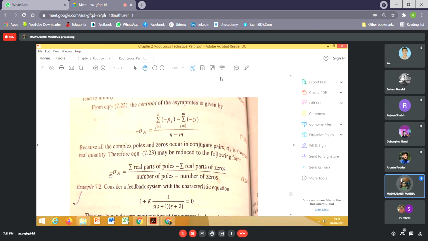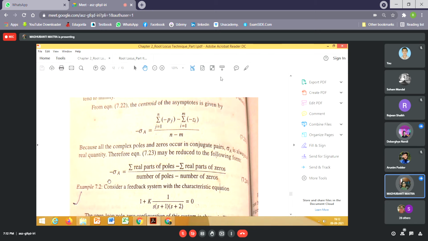You'll find that they have represented sigma a as minus sigma a, but the problem is if after calculation the value comes out to be minus 2, then it might happen that you'll get confused, and finally you will write down that sigma a is equal to only 2. You get my point? Since it's written over here minus sigma a, and if the value comes out to be minus 2, then you might get confused.